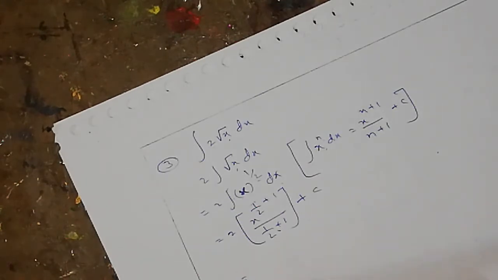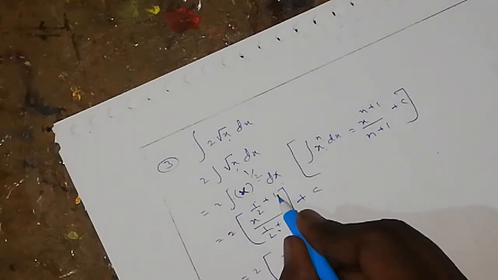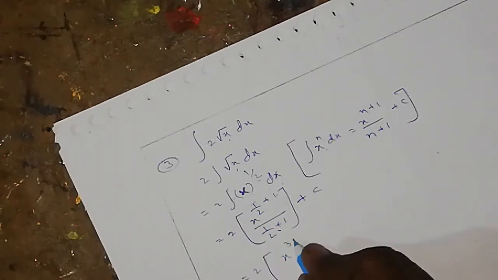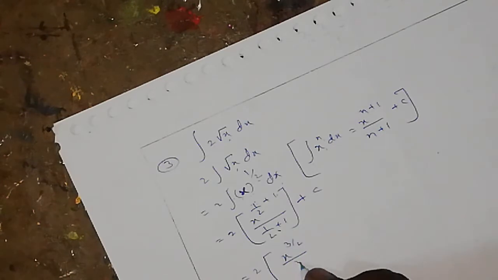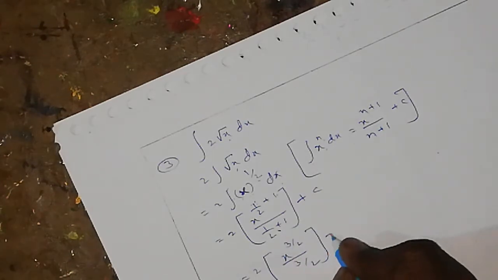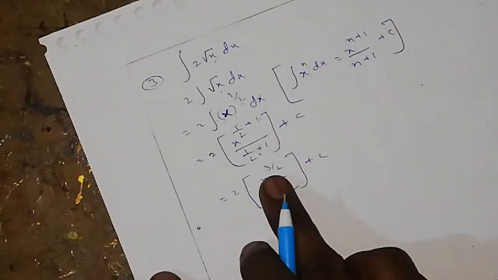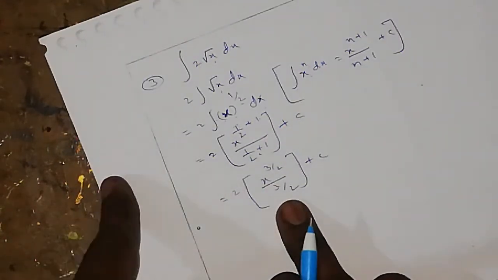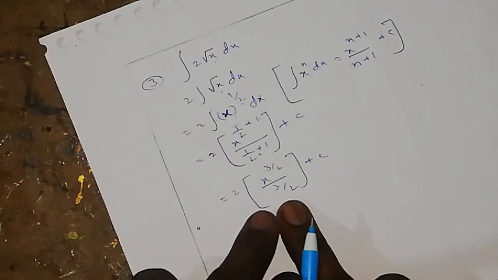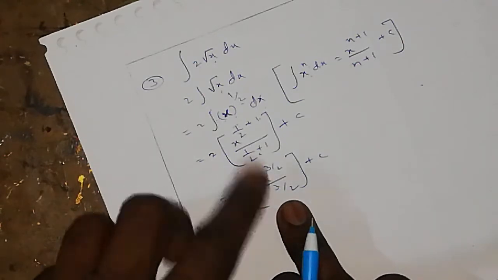Now simplify this one. 2 into x to the power of, 2 1s are 2, 2 plus 1, 3, 3 by 2. Denominator also the same, 3 by 2, plus c. Right. So it is in the denominator. I am taking it into the numerator. So 3 by 2, when I am taking it into the numerator, it becomes its reciprocal.